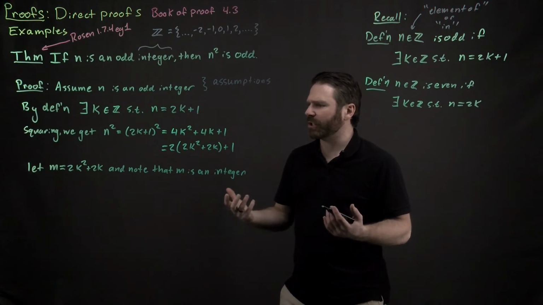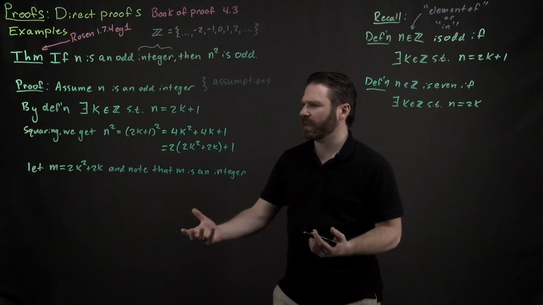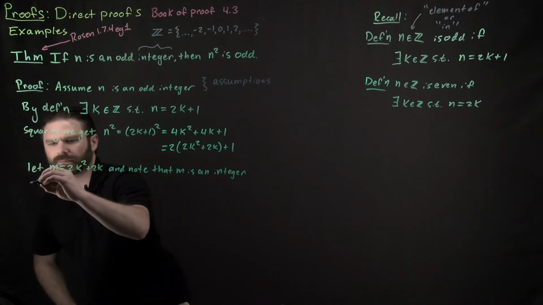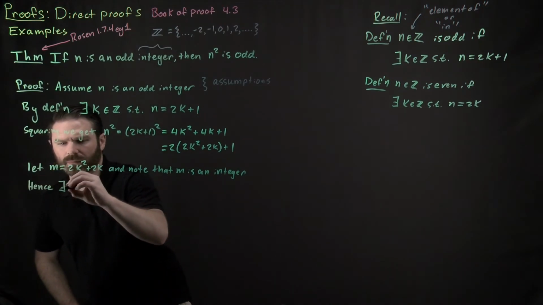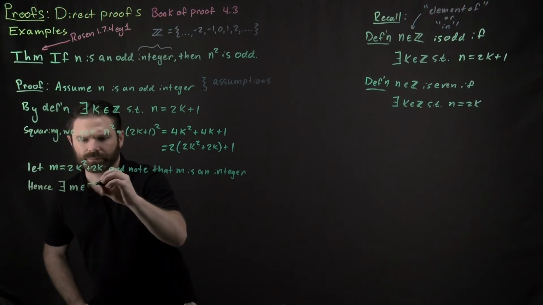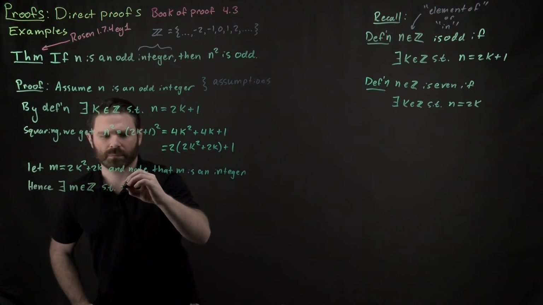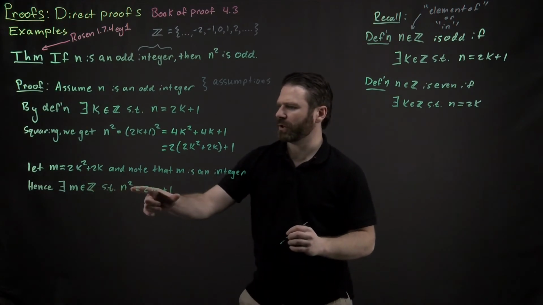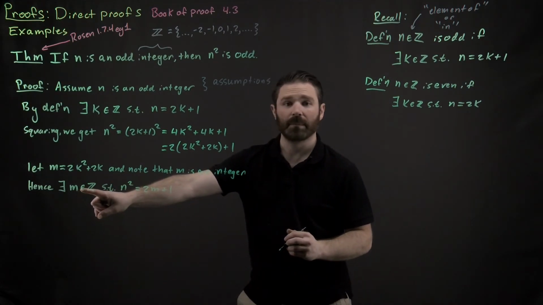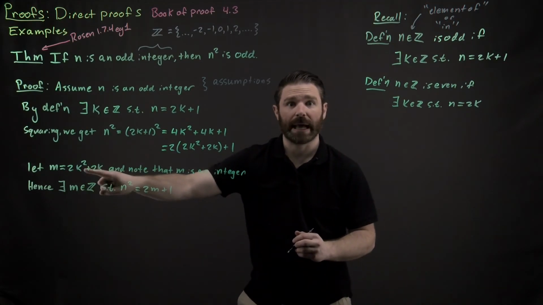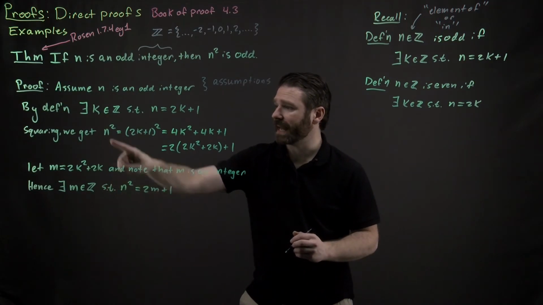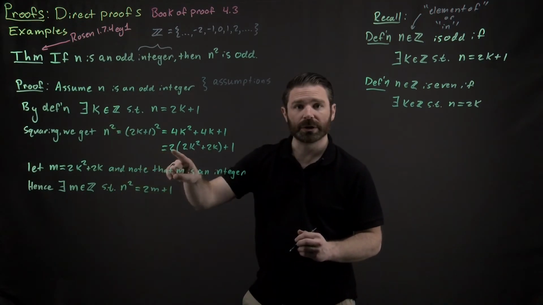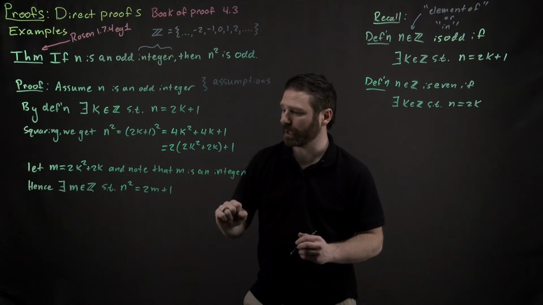So what have we actually shown? We have shown that there exists some m, in particular that m, such that n squared equals 2m plus 1.